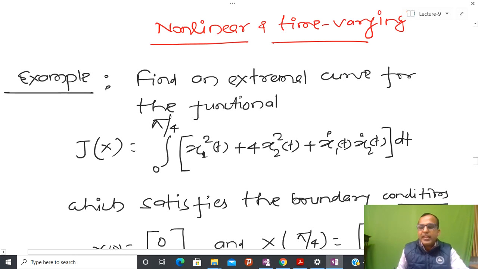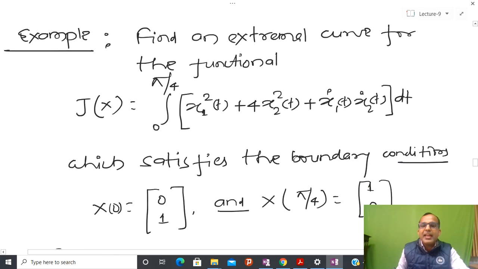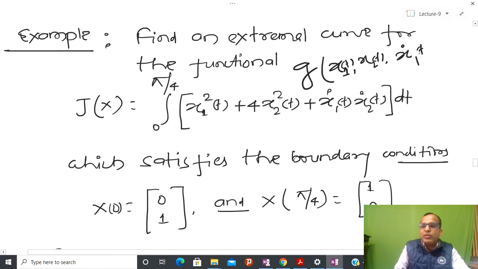Now in the next problem, again I have a functional. Here I am assuming that g is a function of x1, x2, and time is explicitly here and implicitly here, and after that x1 dot and x2 dot and t.